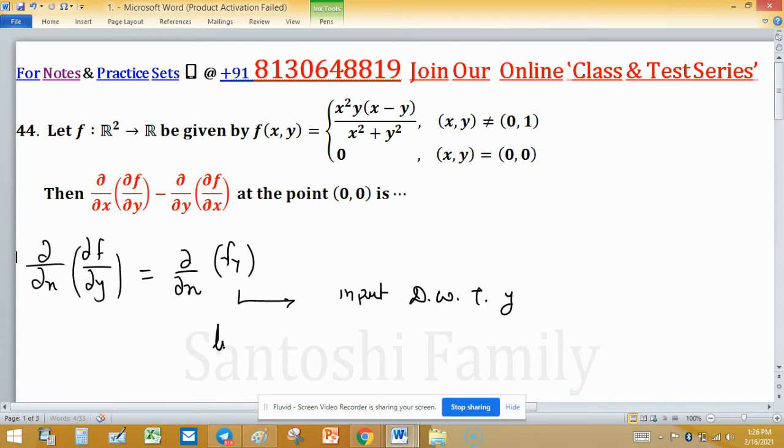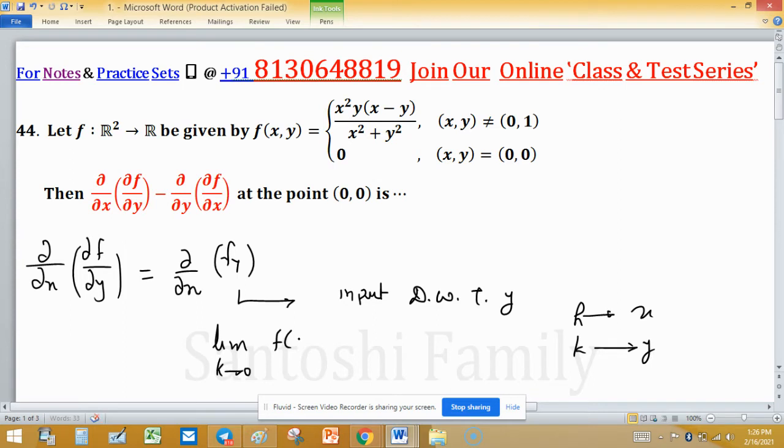Then take the limit, where h is for x and k is for y. K for y means increment, or suppose we are choosing these h and k such that we approach a specific point. As we are going to find f_y, I am taking k tends to 0.